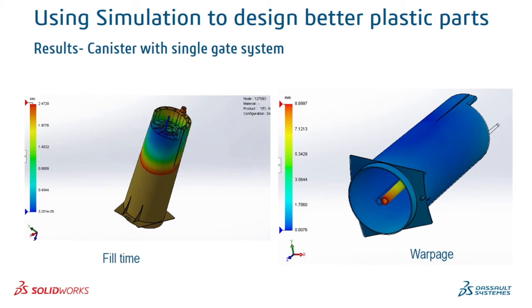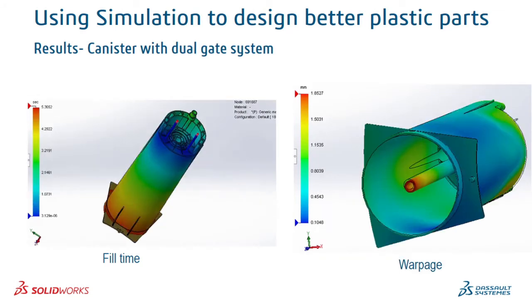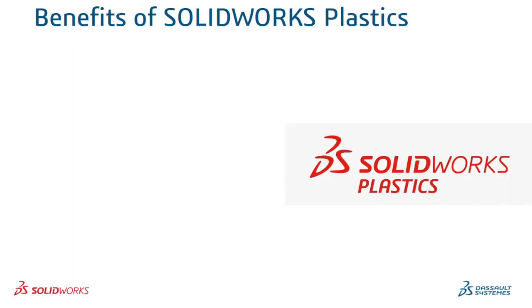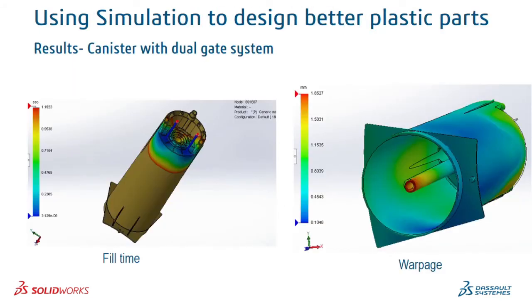So by just changing the gate location, I achieved a good reduction in the warpage rate. So these are the results of changing the gate location on the same component. I hope you understand the importance of changing a few inputs to achieve good results at the end.